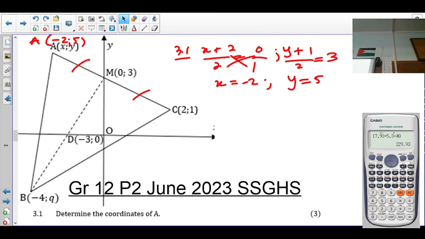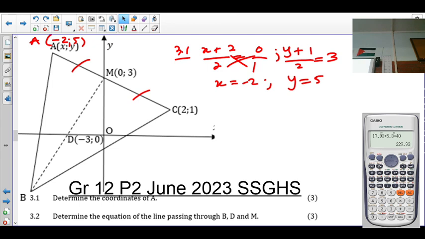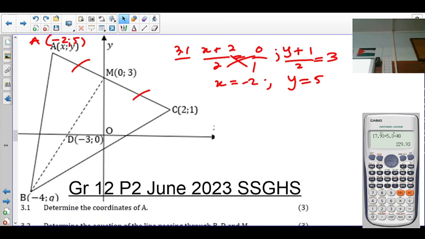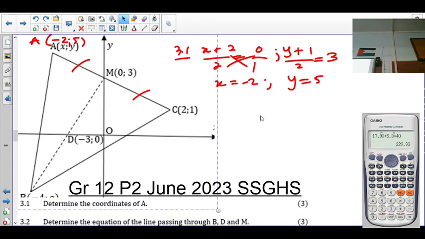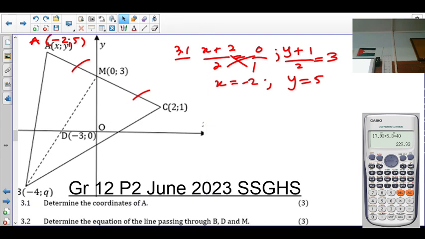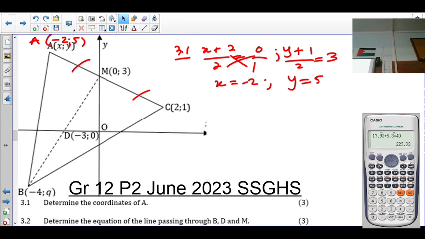Then the second part of this question says, determine the equation of the line passing through B, D, M, which is this line. What do I need in order to calculate the equation of that line? I need to know the gradient.